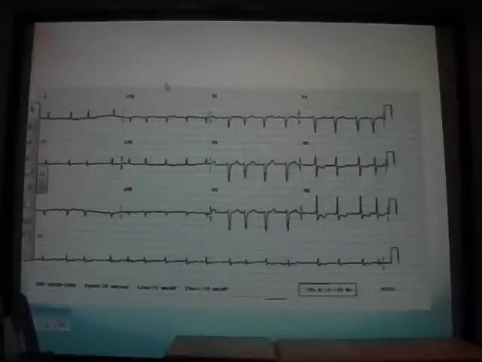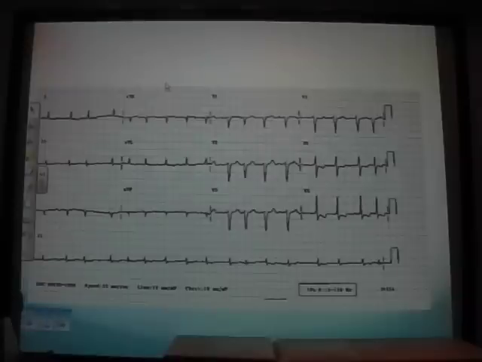The rhythm is irregular, so this is regularly irregular. Okay, so what's the rhythm? Are there P waves? There are no P waves, I don't think. So what can you comment on the rhythm? It's not sinus. It's not sinus, no, but what is it? Atrial fibrillation. Fantastic.